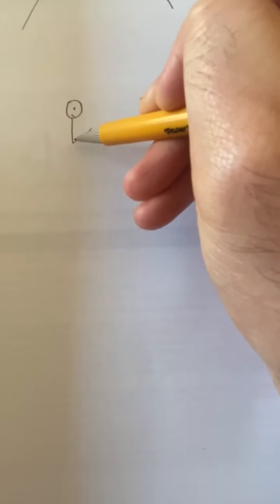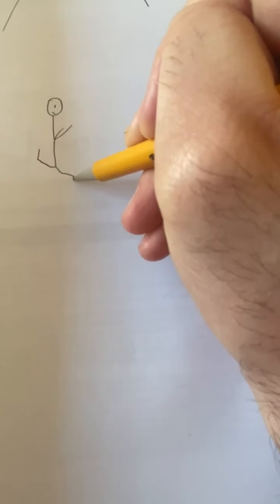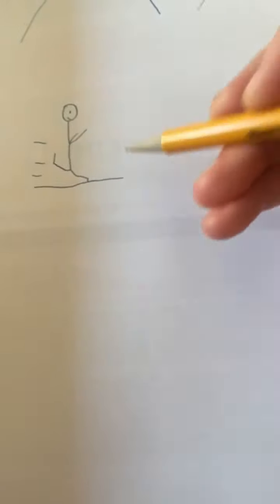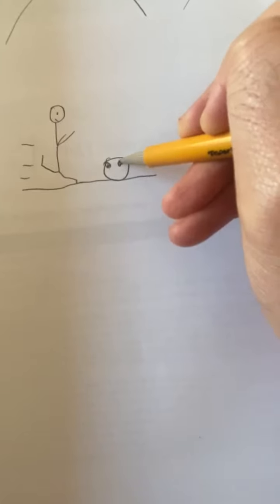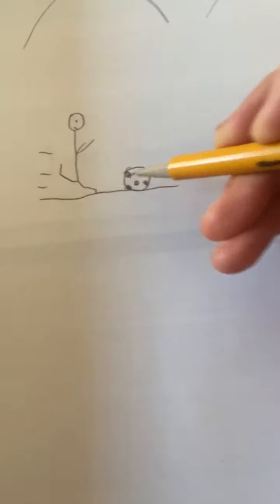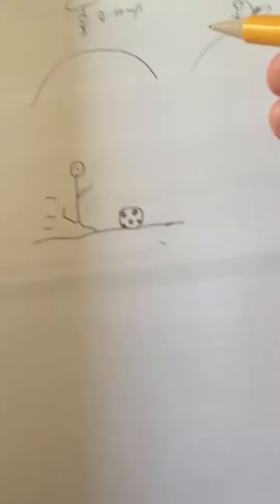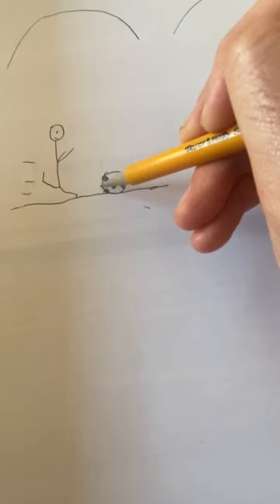So let's say that we have a soccer player, and the soccer player is running towards a ball. There's our soccer ball. And what our soccer player doesn't know is that the ball is covered in some kind of invisible sticky substance.